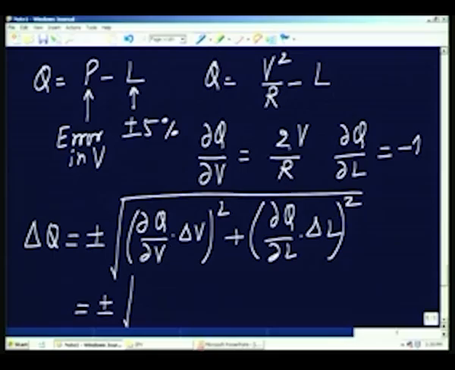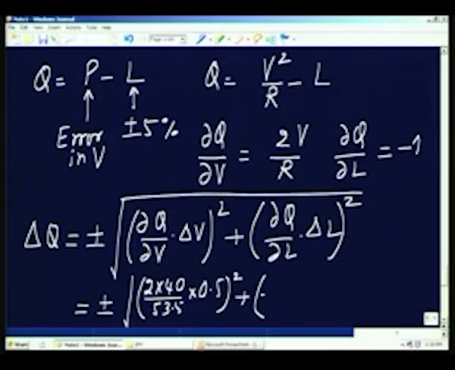Dou Q by dou V is 2V by R, 2 into 40 by 53.5, delta V is 0.5 whole squared, plus dou Q by dou L is minus 1 into delta L is 5%.